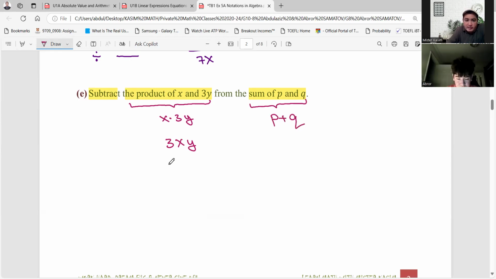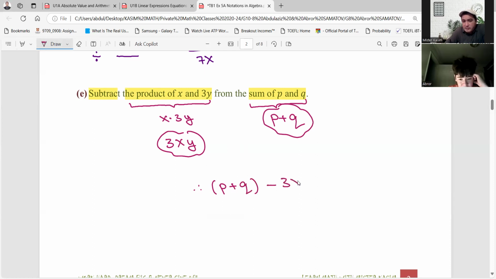And it's saying subtract that thing from this one. So the answer is P plus Q minus 3xy. So we have subtracted 3xy from the sum of P and Q.